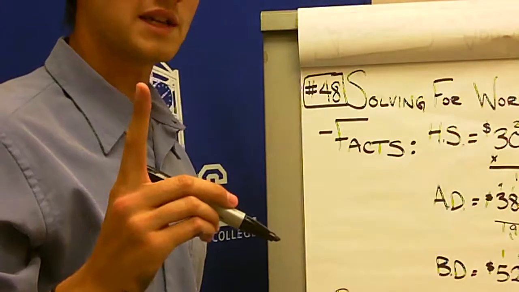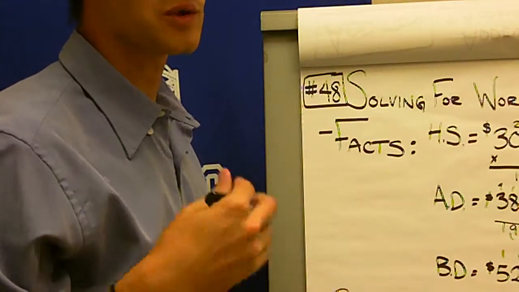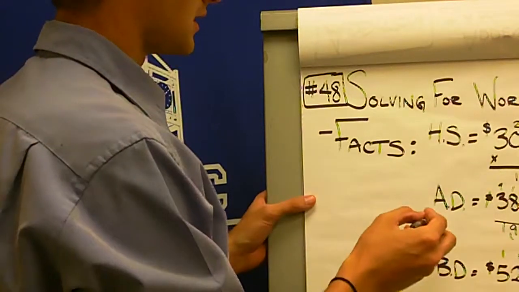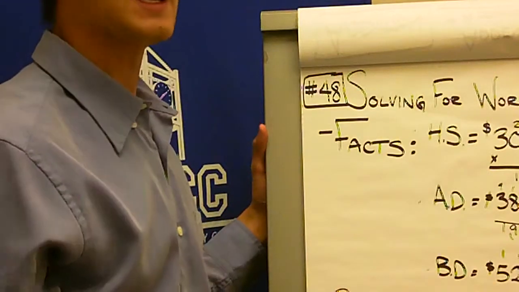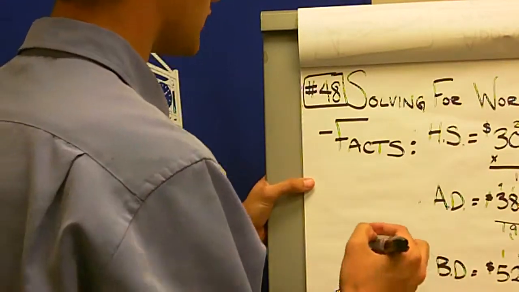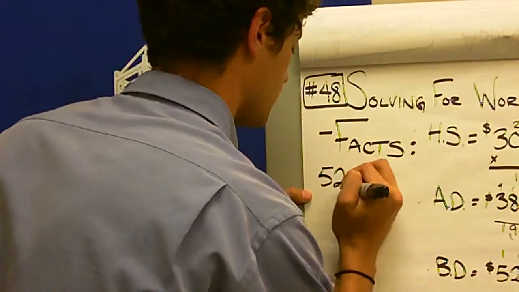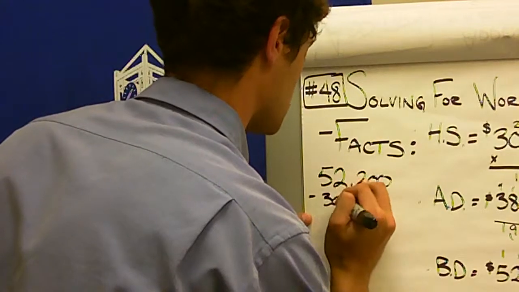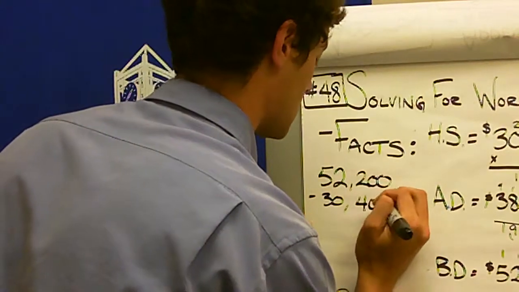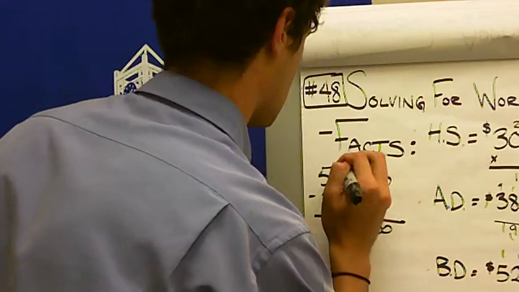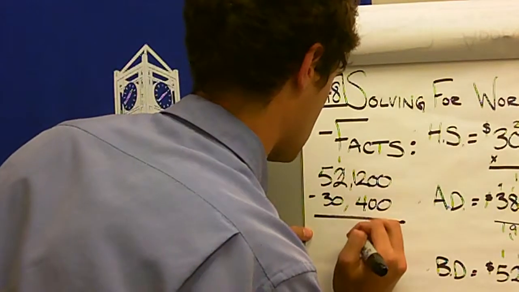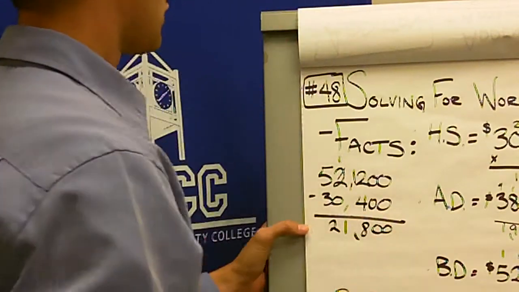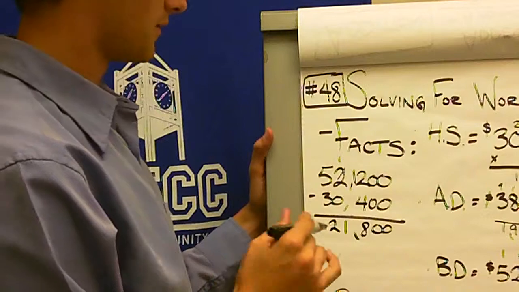Is there only one way to figure out a math problem? There's not. There are always quite a few routes. Another way we could do this is by looking at the salaries, taking the difference of those, and then multiplying by the years. So we could have done 52,200 minus 30,400, which gets me a difference of 21,800.